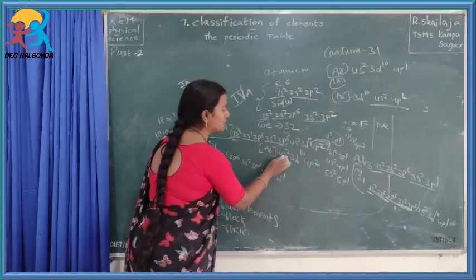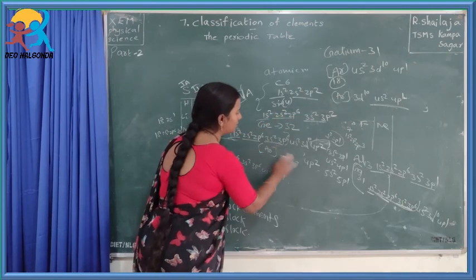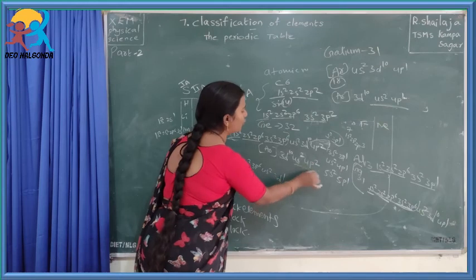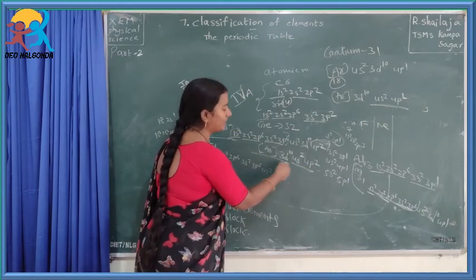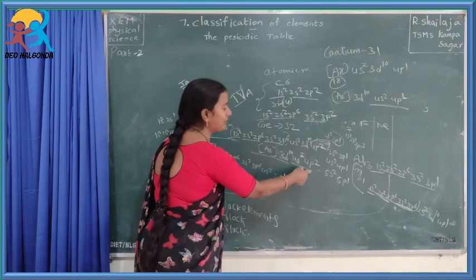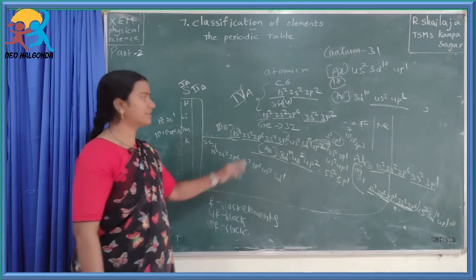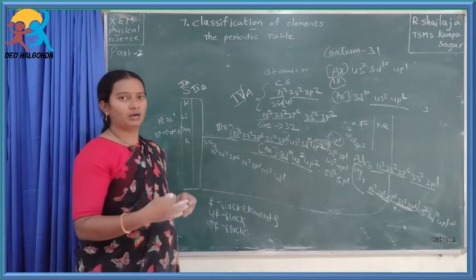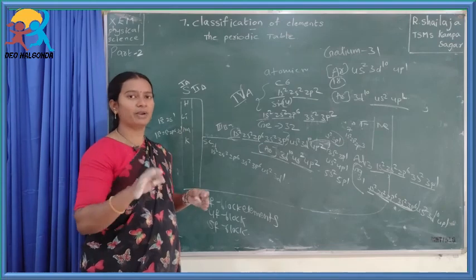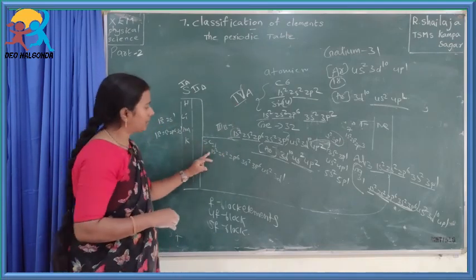We have to write 4s2 3d10 first, same as gallium. 4s2 4p2 is the outermost shell. Up to the third shell completed, fourth shell: how many electrons are there? 4. So 4 valence electrons means it resembles the 4th A group. It belongs to the 4th A group. So we can say the number of electrons in the outermost shell tells us the group.